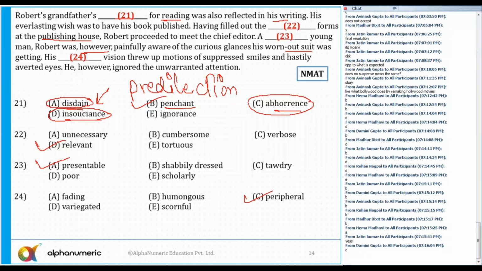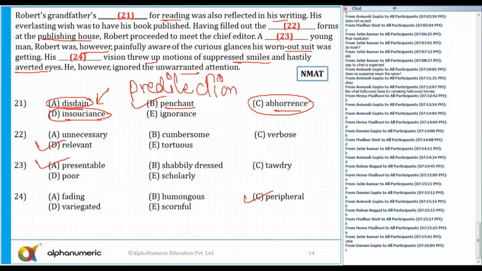That is called your peripheral vision. What did it show? It threw up, meaning it showed him people suppressing their laughs and averting their eyes. People were laughing at his dress. He, however, ignored all the unwarranted attention. So it has to be peripheral. Humongous means huge.